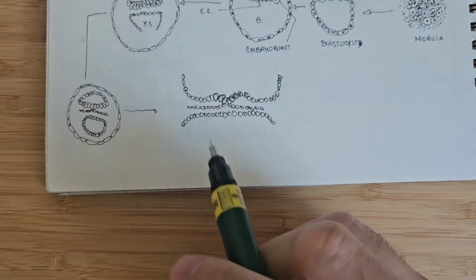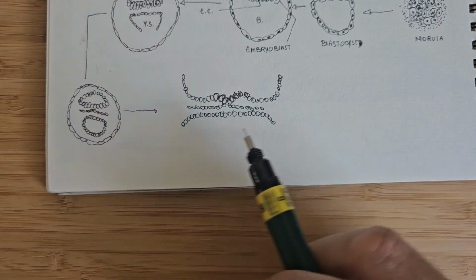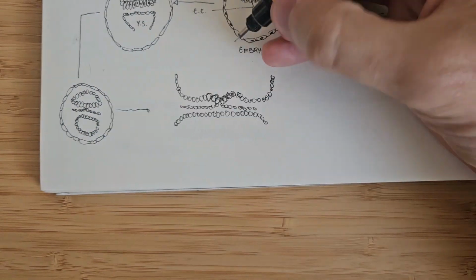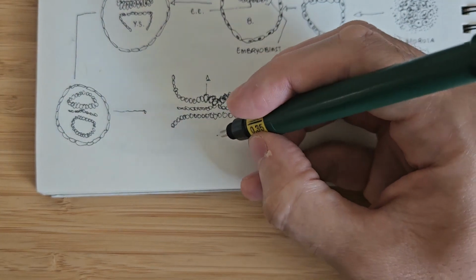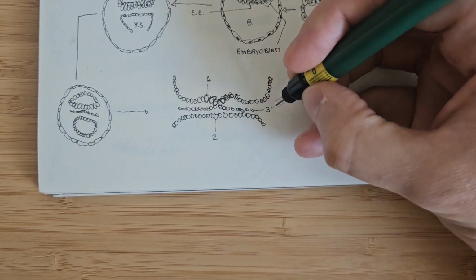Okay, so here, if you look at the cross section of this tiny disc, you can see the 3 layers. The first one, the second one, and then the third one.